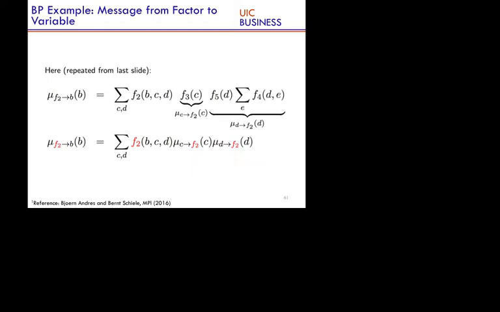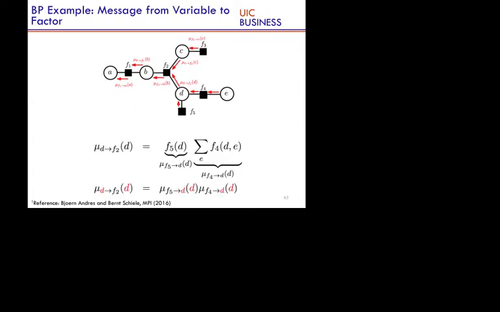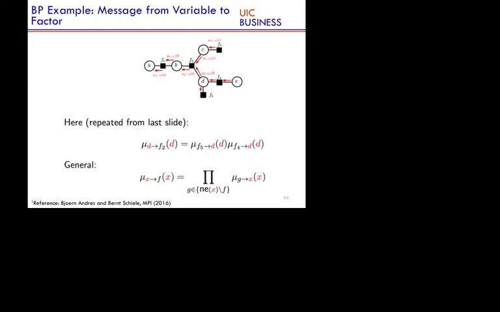It was a composition of the current factor times some other messages that F2 received, and we know what messages get sent from, sorry, that was the general form. What messages get sent from variables to F2, right? So this completely describes what messages are sent forth to compute P of A comma B. Do you agree or not?